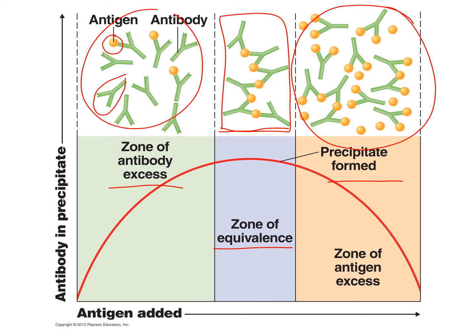So you have to have this particular ratio of antigen to antibody, and that is called the zone of equivalence, where you actually see the reaction. In a precipitation reaction, this should remind you of chemistry. When you made precipitates, you take two clear fluids, mix them together, and you form solid particles. That's what will happen in a precipitation reaction.